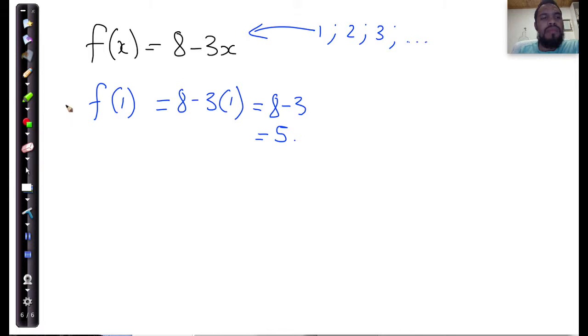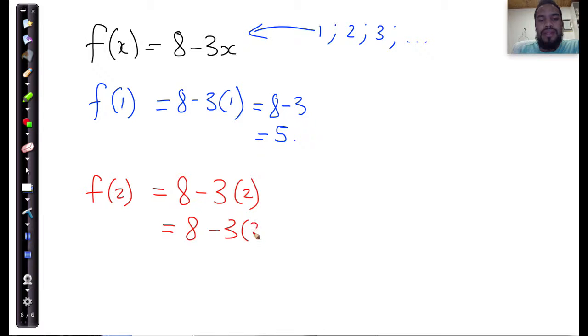What about evaluating f of 2? It's pretty simple. It means wherever I see x, I need to put in the value of 2. So I say 8 minus 3 multiplied by 2, which is 8 minus 6, which is equal to 2.